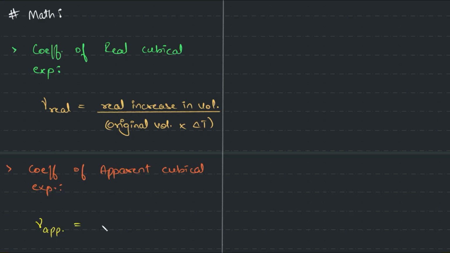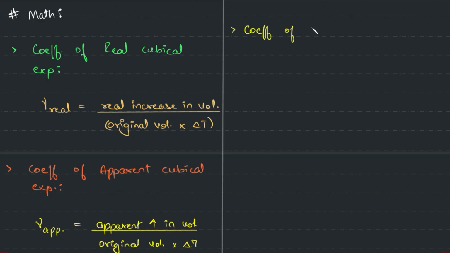So here it's the same: apparent increase in volume divided by the same thing, original volume, times delta T.